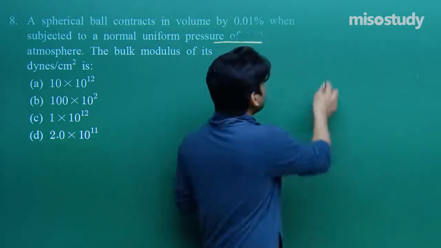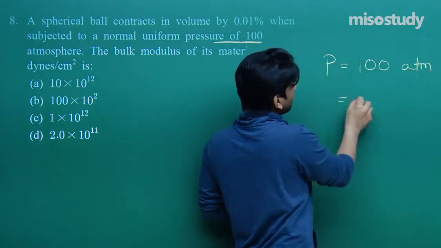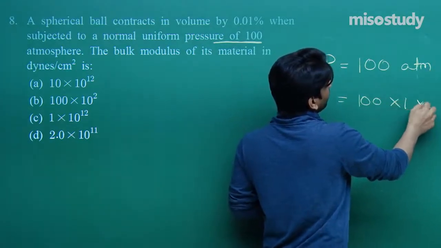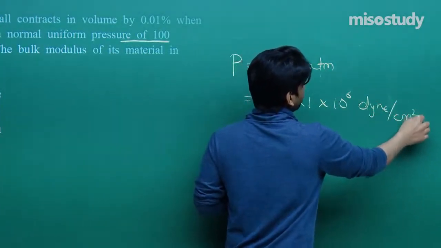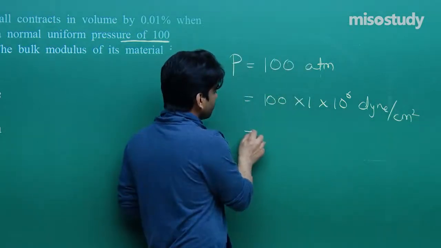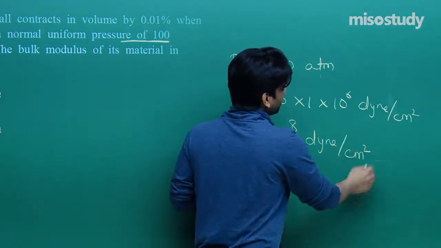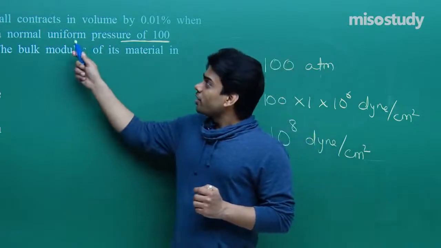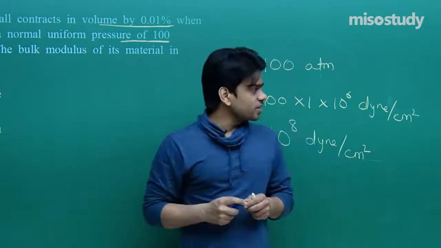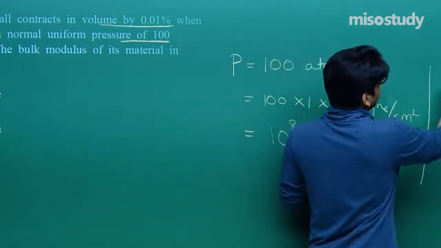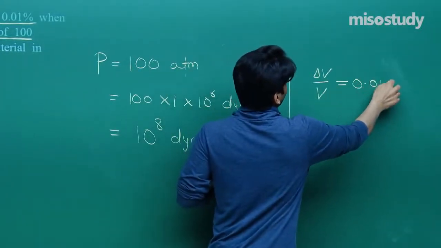First of all, pressure is 100 atmosphere. This can be written as 100 into 1 into 10 to the power 6 dyne per square centimeter, which is equal to 10 to the power 8 dyne per square centimeter. This is the pressure that you can note down. Now the spherical ball contracts in volume by 0.01%, so delta V by V is equal to 0.01%.